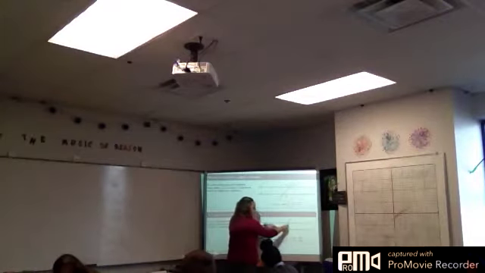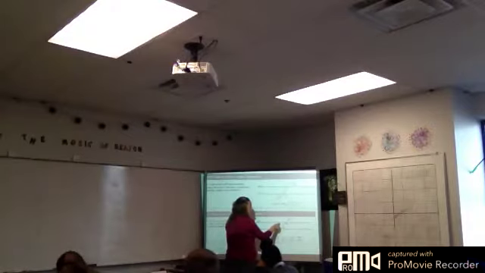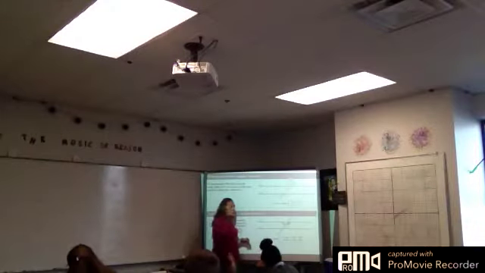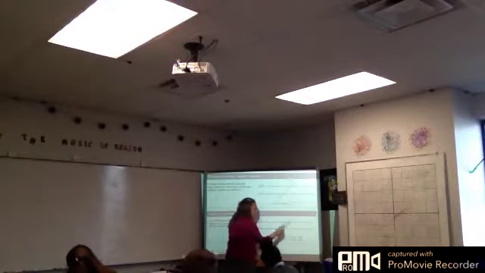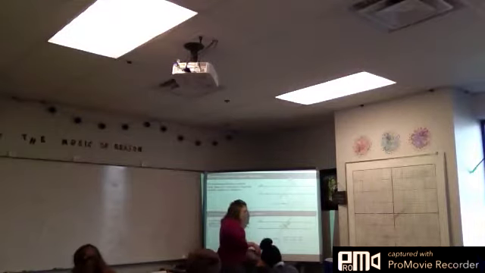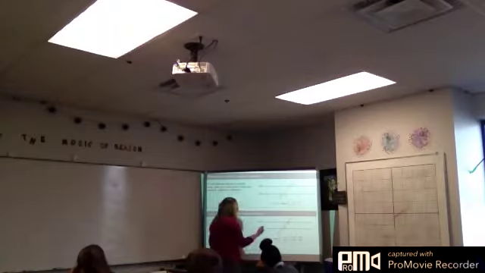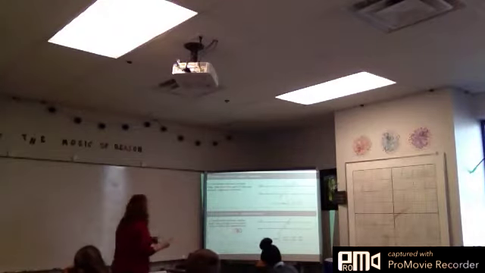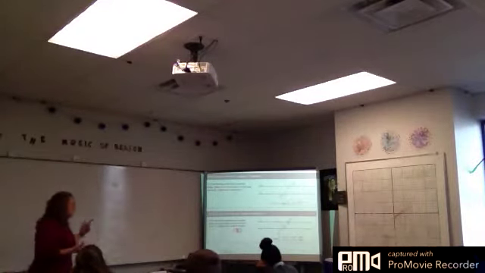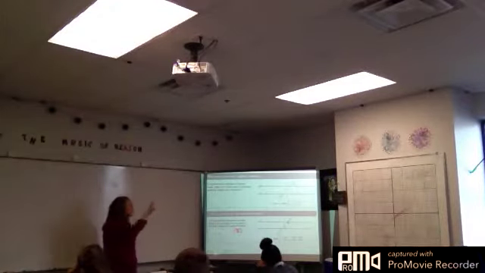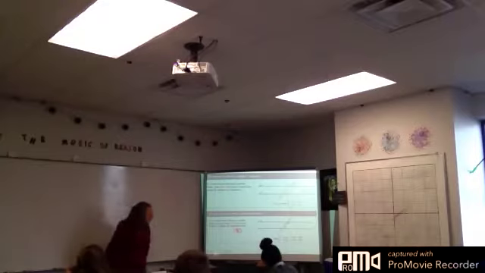They are alternate interior, which means they're equal, and also A and B are on a line, so they add to 180. C and D are on a line, they add to 180. So I can figure out all of these angles now because of alternate interior angles and because of consecutive interior angles. When consecutive interior angles happen, those two angles that are back to back add to be 180.